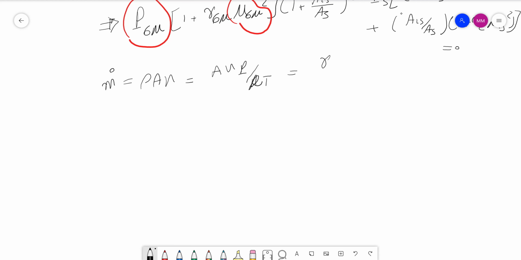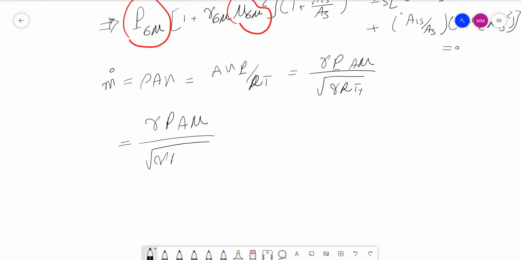or gamma P AM over the square root of RT of T, and eventually we can simplify this to gamma P AM over the square root of gamma RT of T multiplied by (1 plus (gamma minus 1) over 2 M squared). So what does this equation tell you?